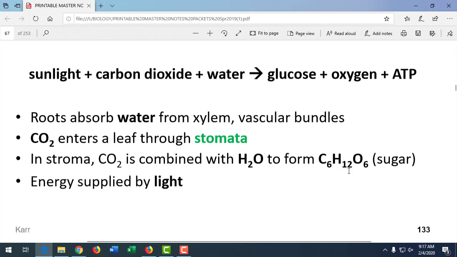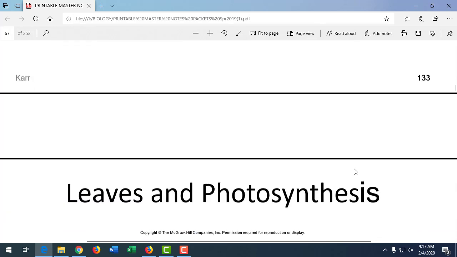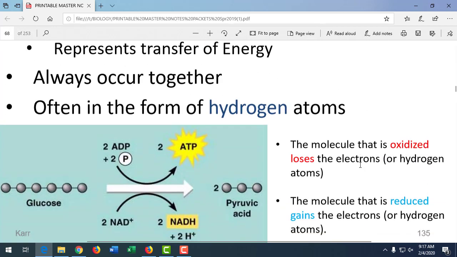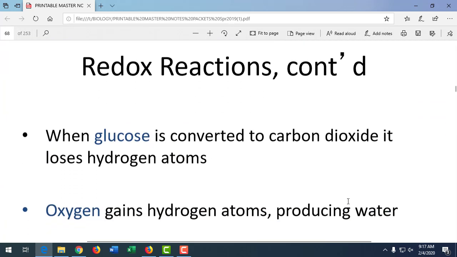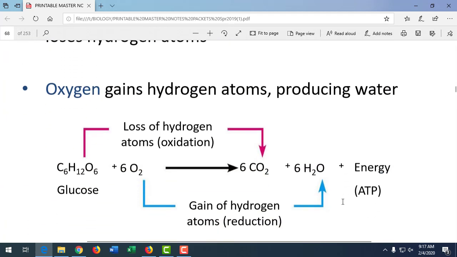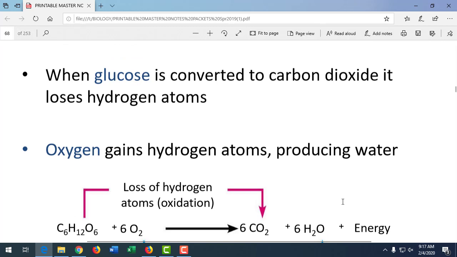If I remove 12 hydrogens from glucose, what am I left with? Carbon and oxygen, right? Which is CO2. So we're taking all the hydrogens off of the glucose, and all we're left with is carbon and oxygen, which is CO2.